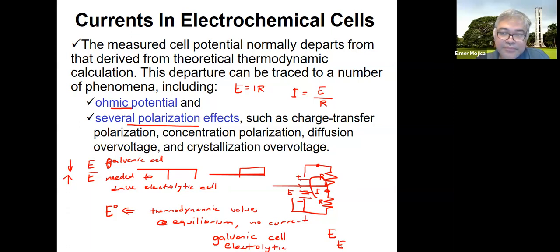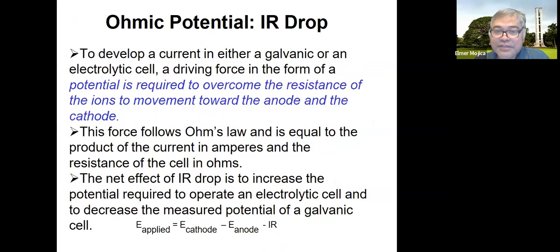Okay, and what we're going to discuss today are the two main sources of current effects on the cell potential. One is the so-called ohmic potential, or the so-called IR drop. This IR drop pertains to the current resistance drop.